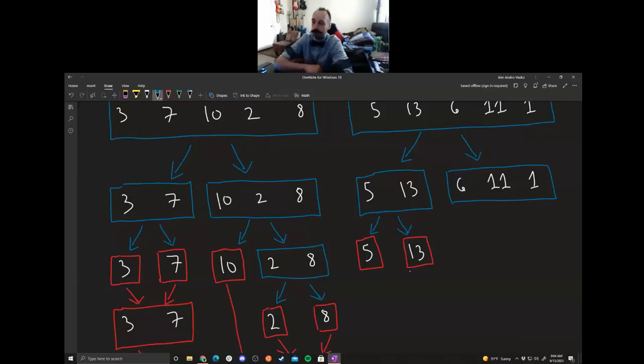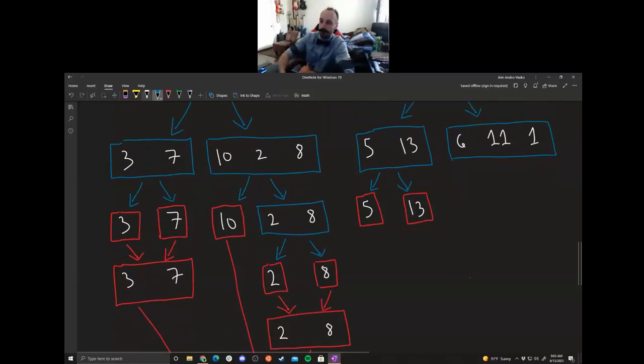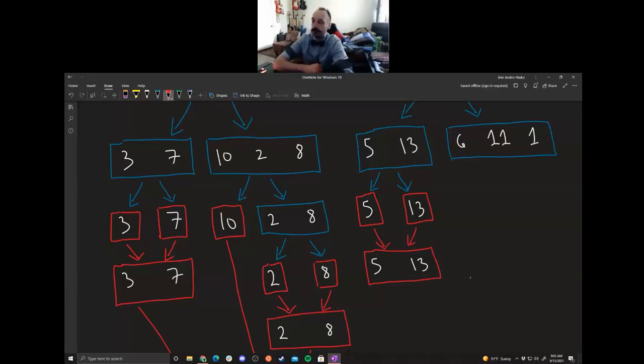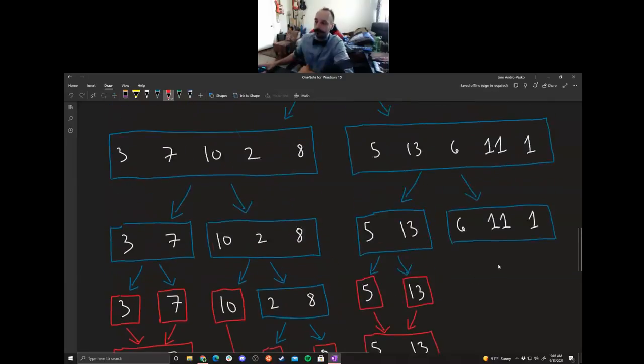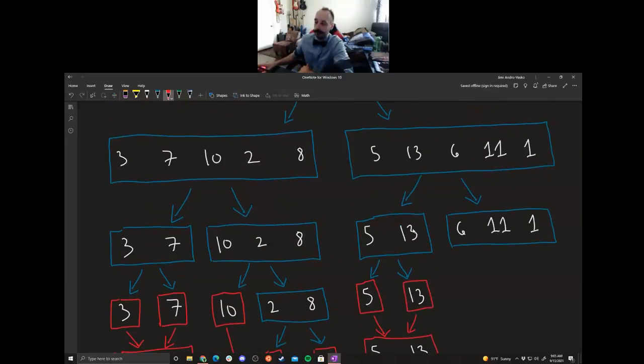So now we return a size 1 list back up and another size 1 list back up, and we're going to merge them to create a sorted list of size 2. In this case, it's a very simple example, but anyway, a 5 and 13. That'll be our sorted list. So now at this level, we have the left side sorted.